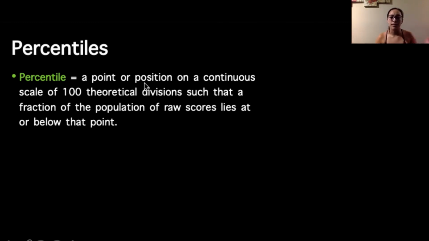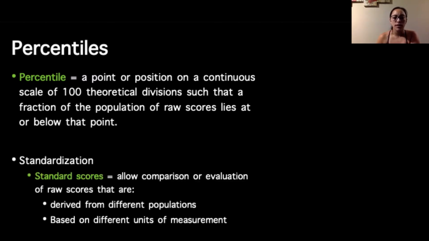Percentages can range from 0 to 100, so that's our continuous scale of 100 theoretical divisions. And the fraction of the population that lies at or below the raw score of interest is what is known as our percentile.